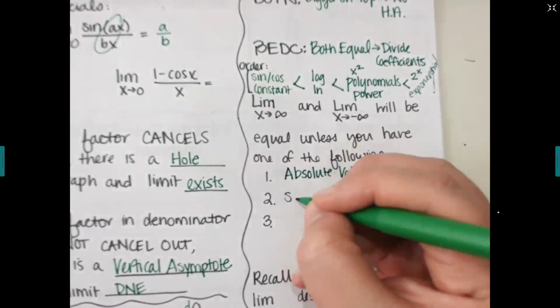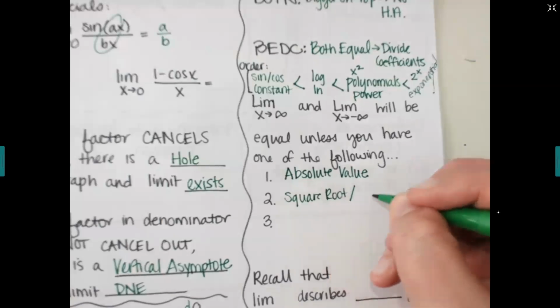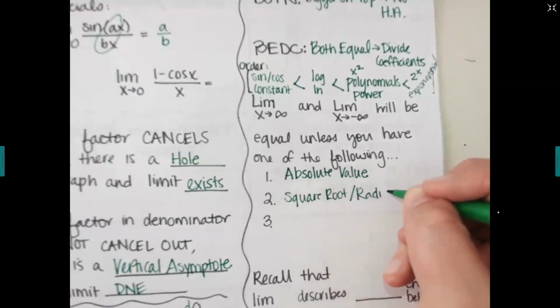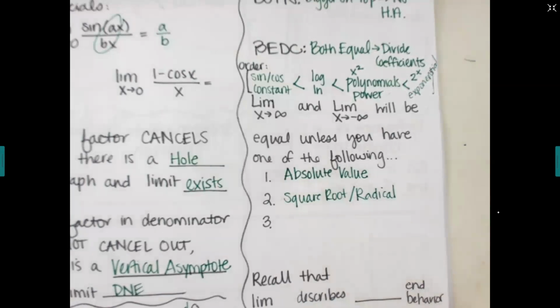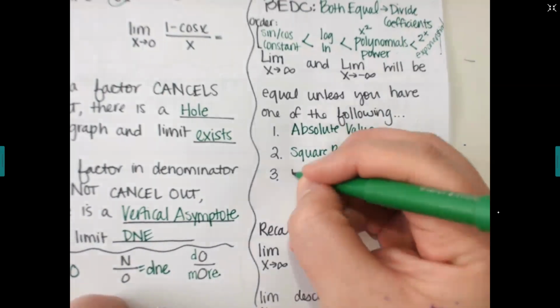Then any kind of square root or radical. If you don't know what a radical means, that just means any other type of root, like a cubic root or a fourth root. I think all of our examples are square roots, but any other type of root, you'd have to do the same thing. And then the third one was exponentials.